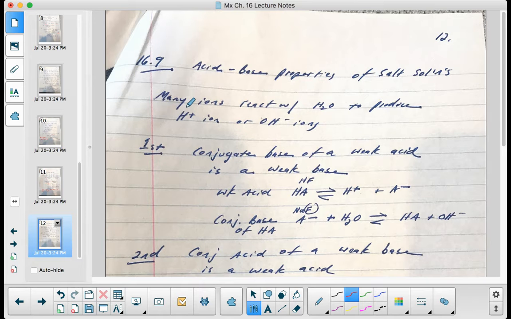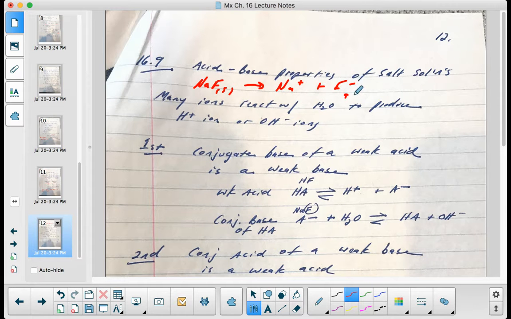And so sometimes you can put a salt solution in water. You can put a solid salt in water. One that I show below is sodium fluoride. Solid, dissolve it in water, and you end up with Na ions, aqueous, and fluoride ions.